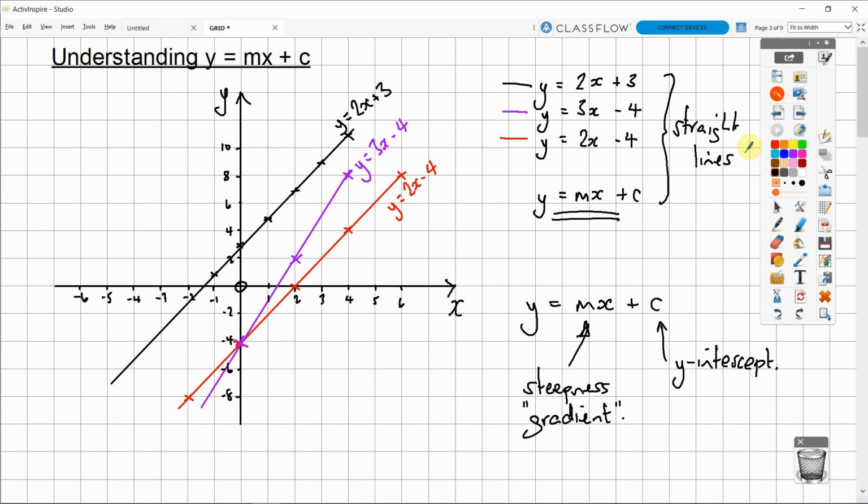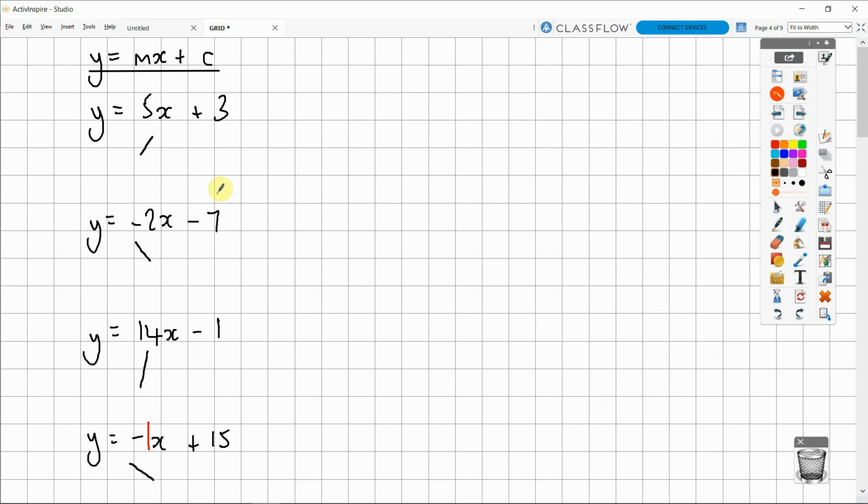We also saw back here that the number on the end is the y-intercept. We saw that this -4 matched these -4s here. And so these are the y-intercepts. So I know this line is going to cross the y-axis at that point, at that point, at that point, and at that point.